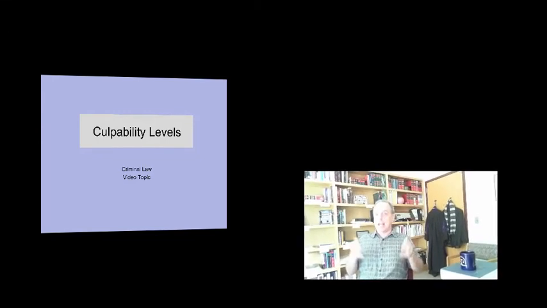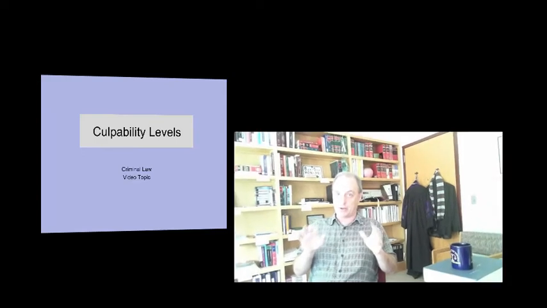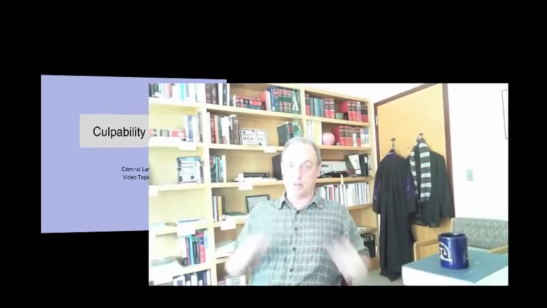So in this video topic, we're going to look through the basic definitions of the different levels of culpability in American criminal law, both the old common law terminology and then focusing on the Model Penal Code collection of those culpability levels.